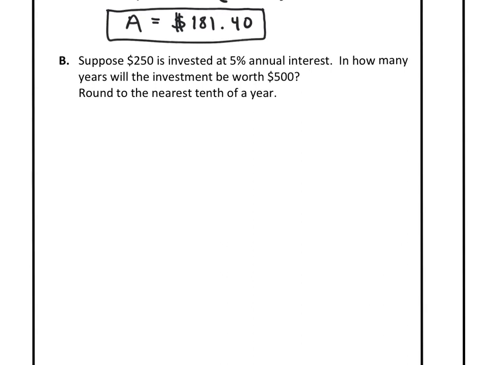Part B says, suppose $250 is invested at 5% annual interest. In how many years will the investment be worth $500? Round to the nearest tenth of a year.